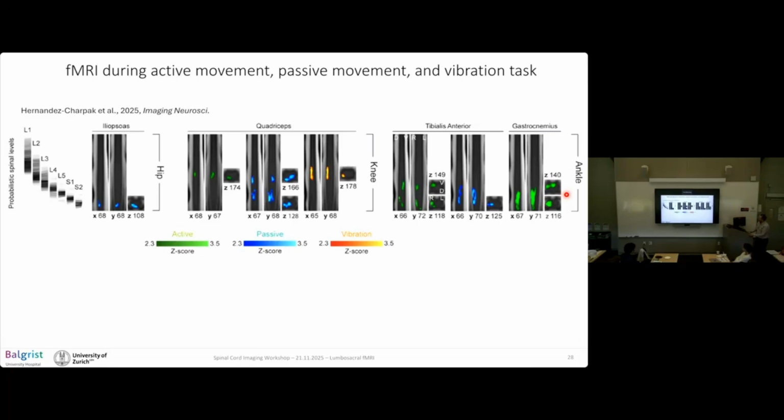And they basically said that the active movement tasks seem to be the most robust in terms of correspondence with the anatomical expectations. The second most robust was the passive movement, and the least robust was the vibration task.